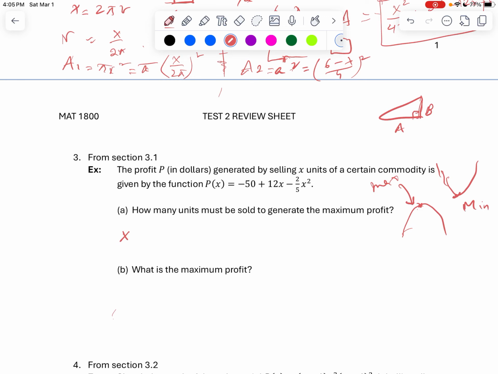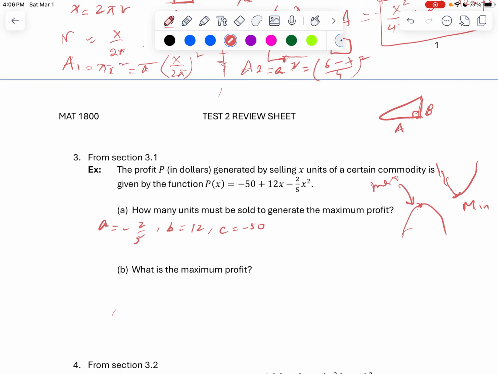Remember, a is the coefficient of the x squared term. I will start by writing a, b, and c, and then we will use them in the formula. So a in our case is negative 2 over 5, b is 12, and c is negative 50.